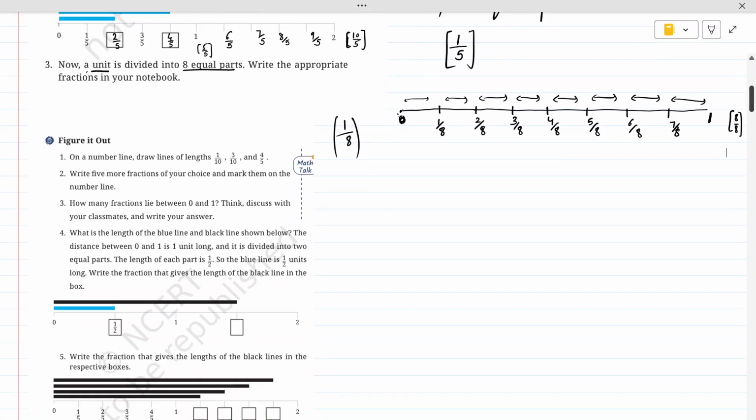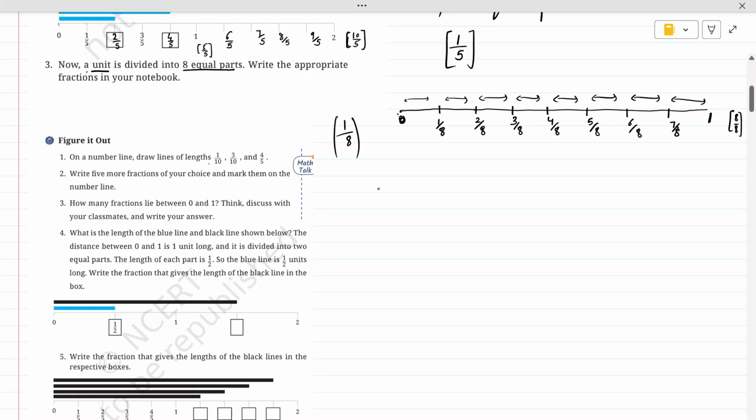Now let's move further. In the figure, we have on a number line, draw the lines of length 1 by 10, 3 by 10 and 4 by 5. So that means we have a unit and we are dividing that into 10 equal parts, right?